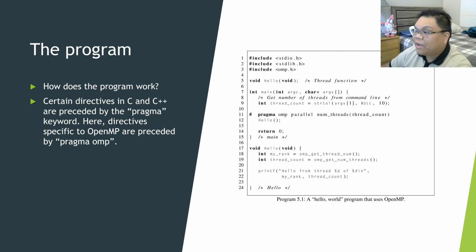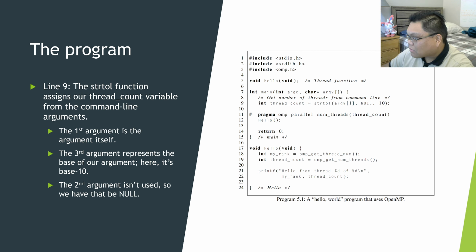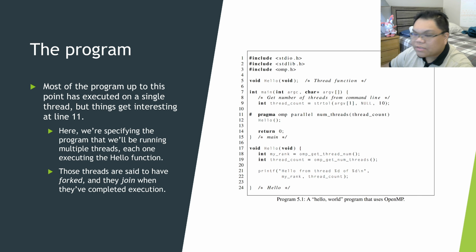Each thread has its own ID, and that's how we have each thread having a similar but different hello world message. So this section here is just a breakdown of what the program is doing.